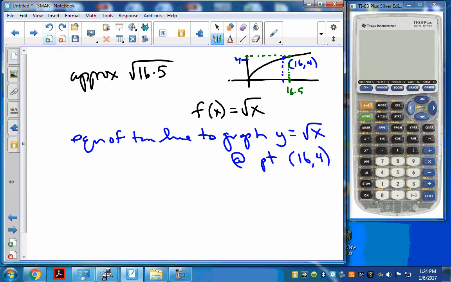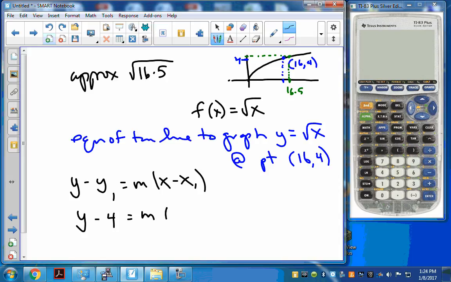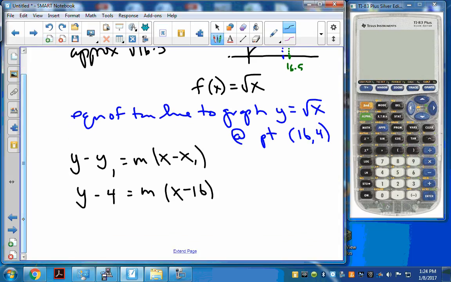Okay, so we can do that reasonably easily. y minus y1 equals m times x minus x1. We plug in all the information: y minus 4, x minus 16. Now we need the slope, so we need the derivative. The derivative of the square root function is 1 over 2 square root of x, but that's not the number we need. We need a number here for slope.